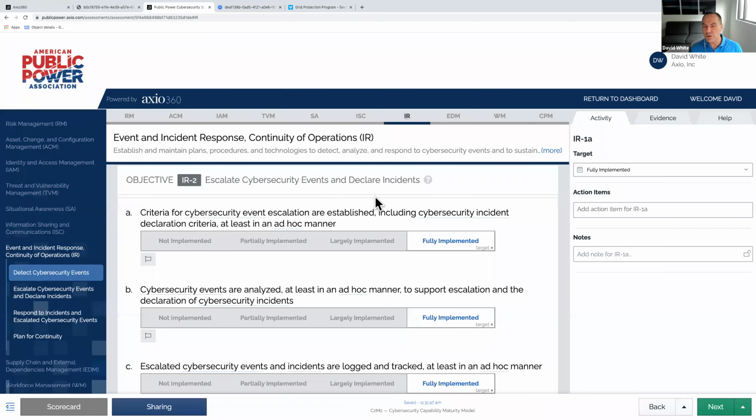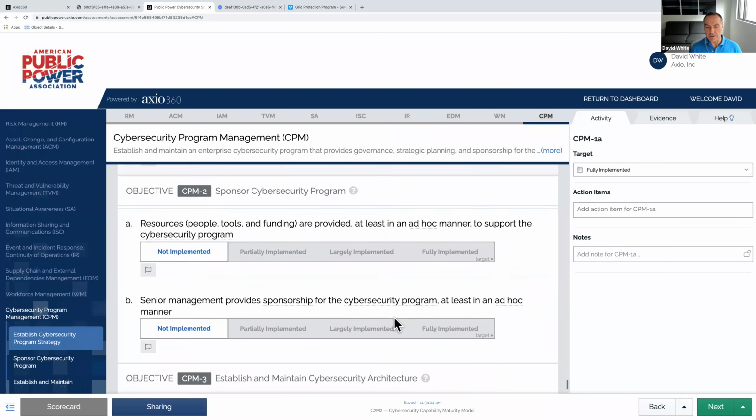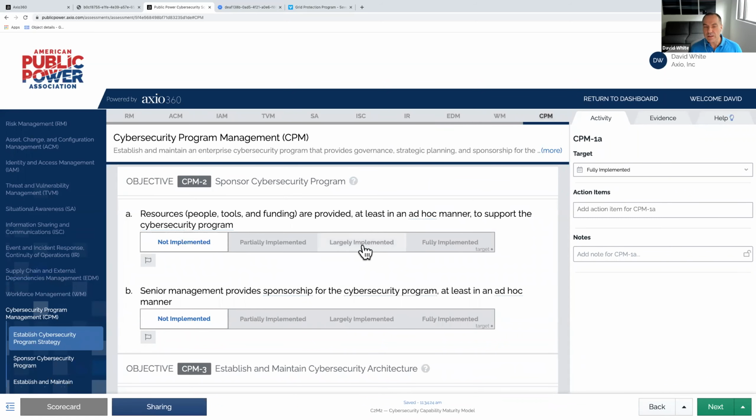And now that we've gone through the wizard mode, you can actually fine tune your answers for these MIL1 practices. If I jump forward to cybersecurity program management, you might say, well, it's not that we completely don't have a strategy. I'm going to say that we have that partially implemented. I think we have some resources, but we've got some gaps there. Maybe I'm going to say they're not material.